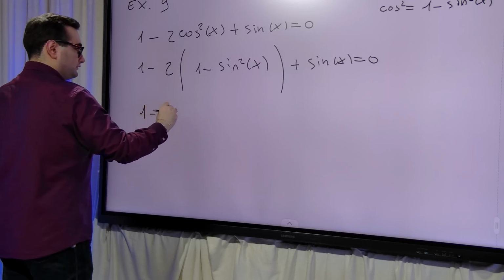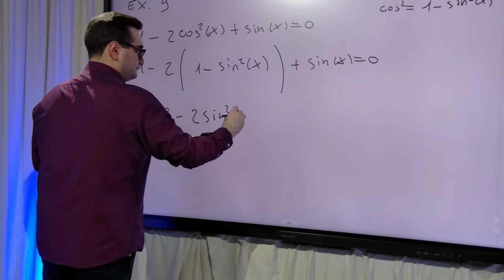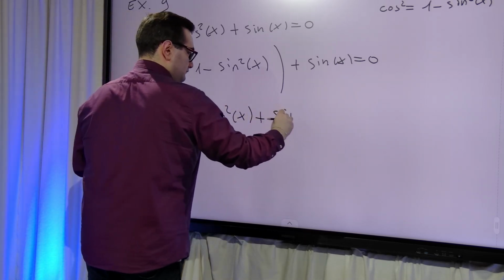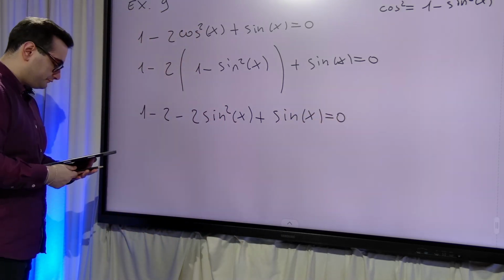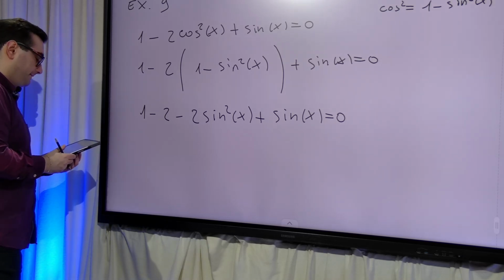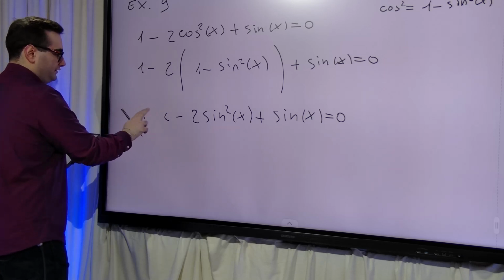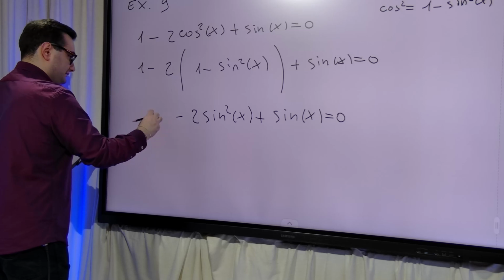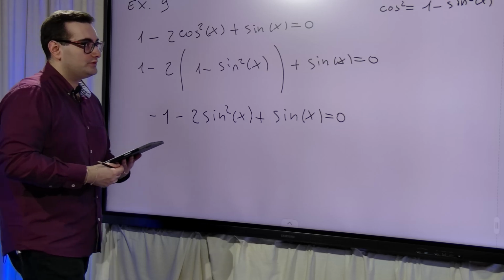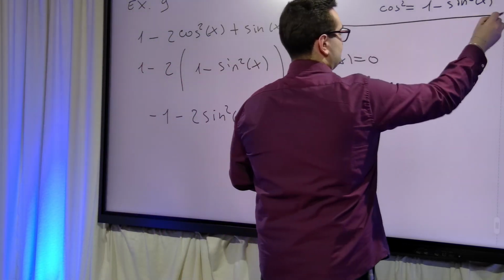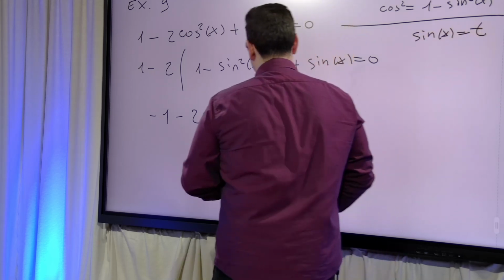I can do the product here. I can write here 1 minus 2 as minus 1. And as before, I do a substitution considering the sine of x a variable t.